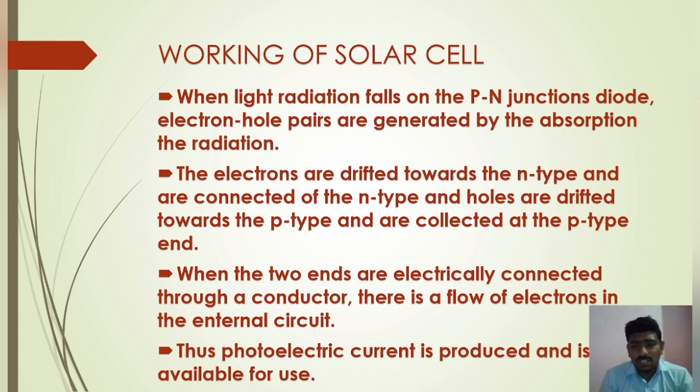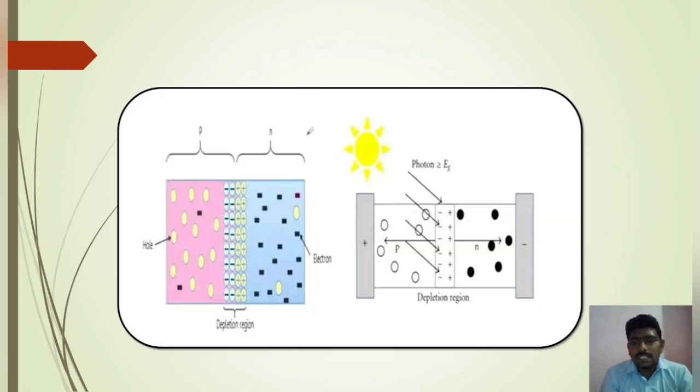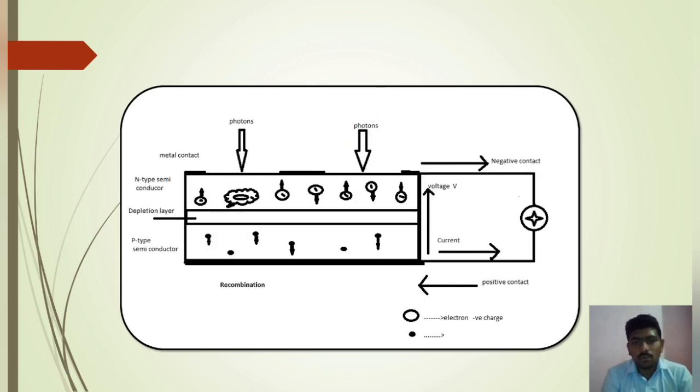Whenever these electrons flow in the external circuit, there is a generation of electricity. That generation of electricity is available for use. This is the working behind the solar cell. Whenever these two ends are electrically connected, you have to see in this diagram.